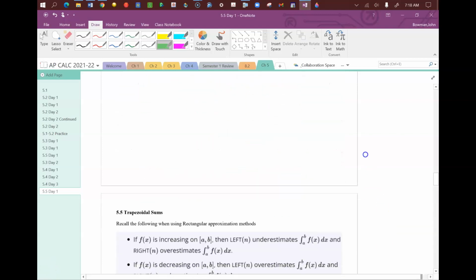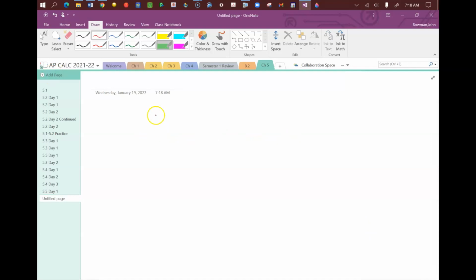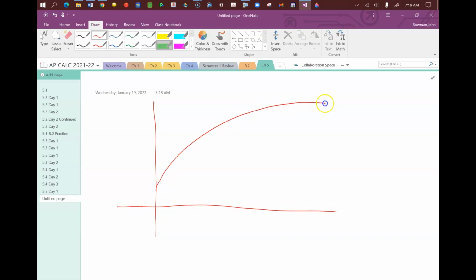The last thing we're going to do is finish up with a look at the relationship between the trapezoid method and LRAM and RRAM. So here's some random function, f of x, and we're going to take a look at just one interval from a to b, and we are going to draw in the left-hand rectangular approximation method, which would be shown here in black, so we'll call that LRAM.